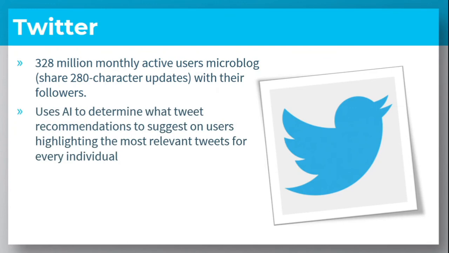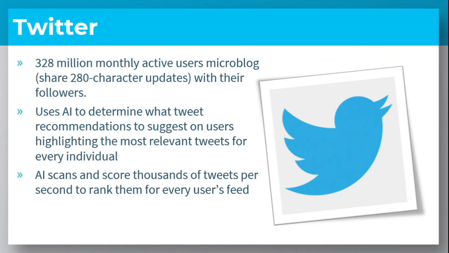Twitter uses artificial intelligence to determine what tweet recommendations to suggest to users, highlighting the most relevant tweets for every individual. So the tweet recommendation that you receive is very different from the tweet recommendation that I receive, or our friends or relatives receive, because that is what artificial intelligence does.